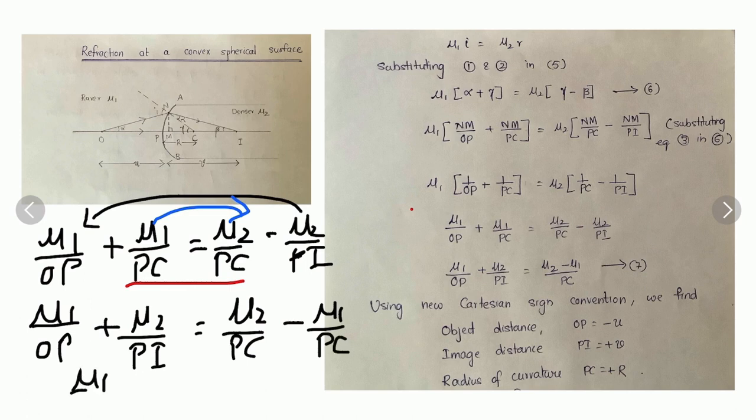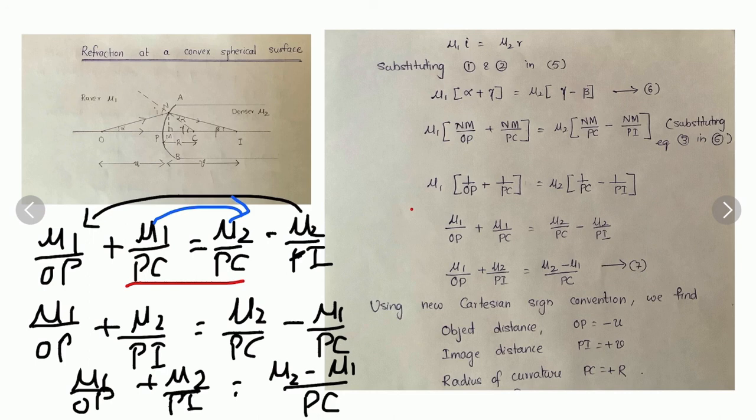Then mu 1 by OP plus mu 2 by Pi is equal to mu 2 minus mu 1 by Pc. So this is what we got here, and after rearranging, that is equation number 7.